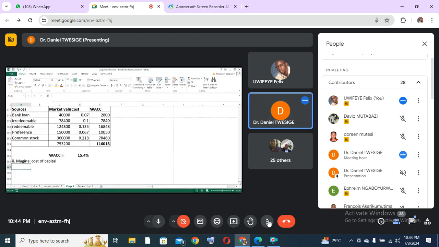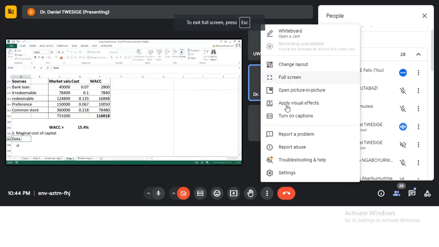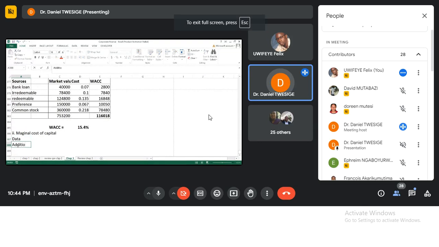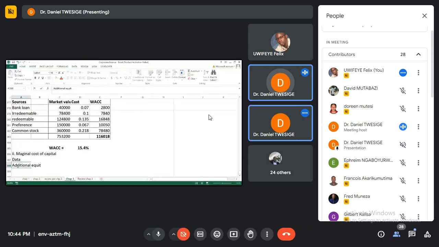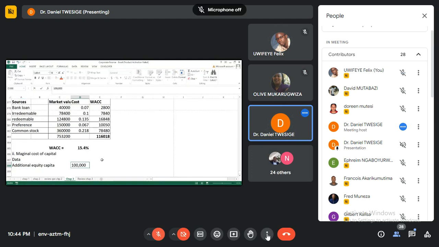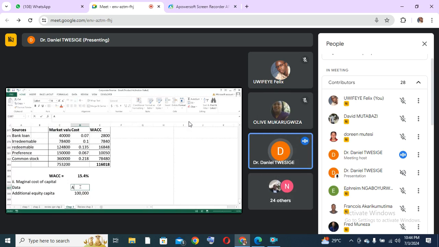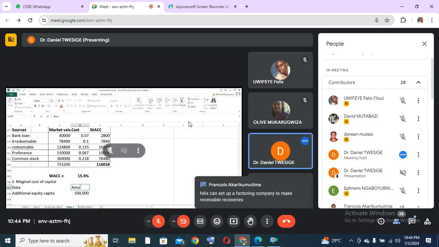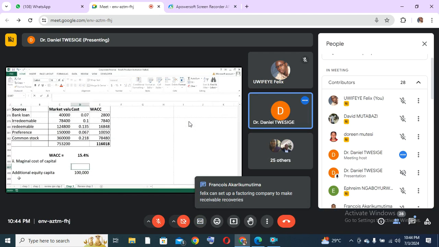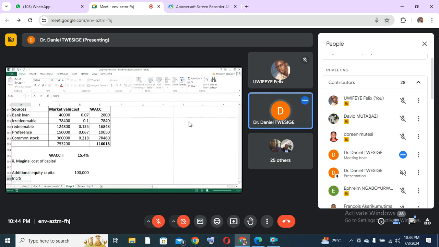So if we check our data, we have additional equity capital of 100, if I reduce 3 zeros, and this is the amount. The increase in cost of equity is 3%.